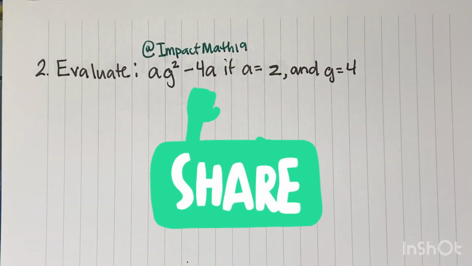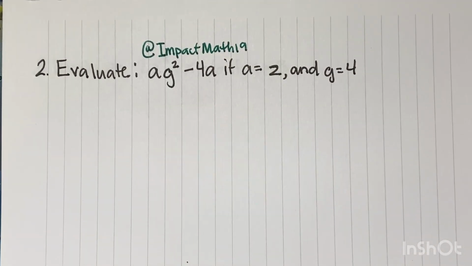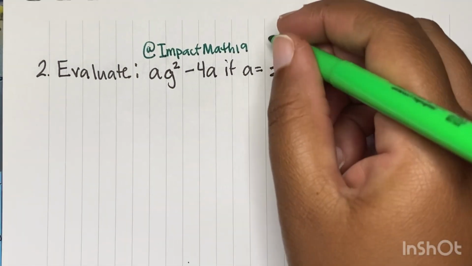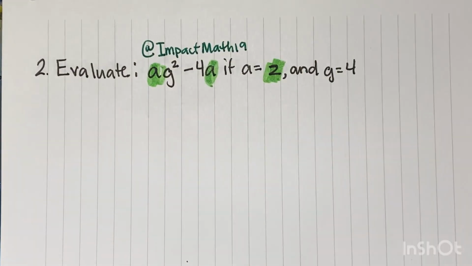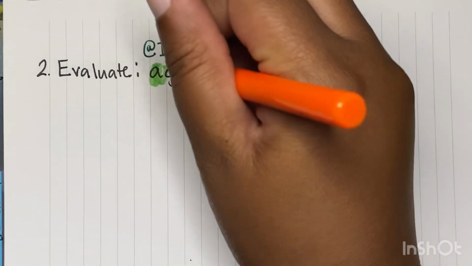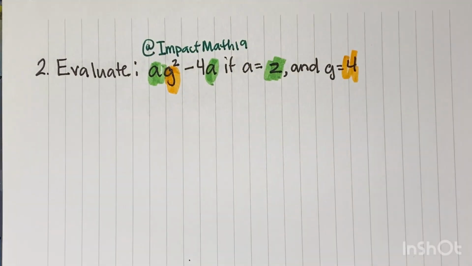Evaluate ag squared minus 4a if a equals 2. All right, I'm loving it because they're giving me what a is. They're telling us a is 2, so wherever I see an a, I know I'm plugging in 2. And g equals 4, so I'm going to plug in 4 wherever there's a g.